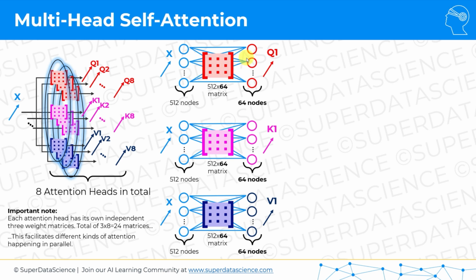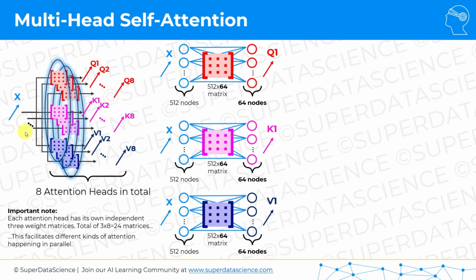They can all be combined to create q1, and same thing for k1 and for v1. And then for q2, when it's being created, it will also have access to all 512 features. It's a very important distinction, and this is the correct way that it's done.